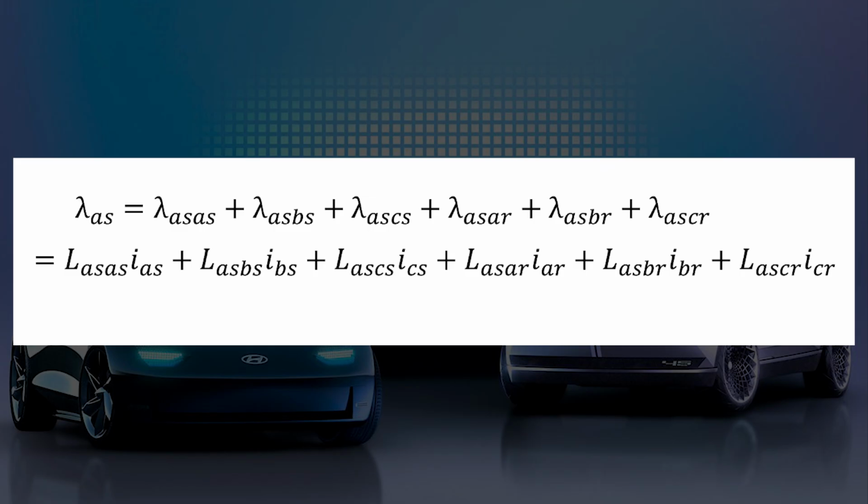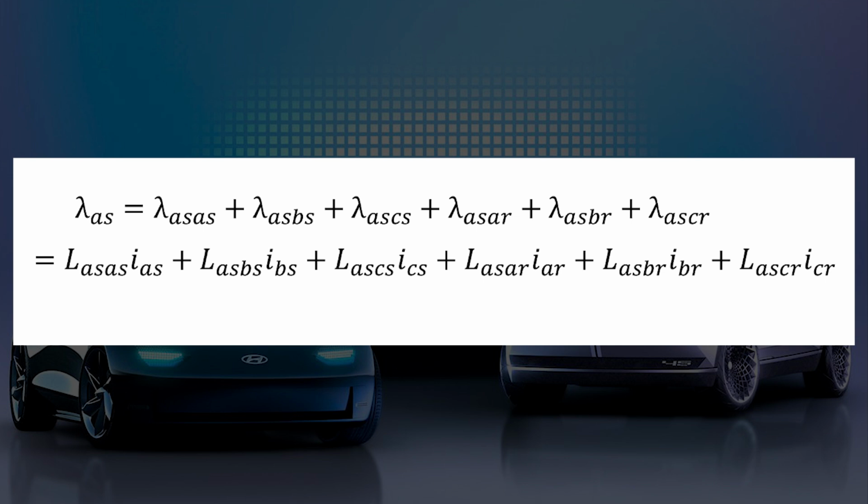Since there are 6 windings, one winding will be linked not only with the flux produced by its own winding current, but also with the flux produced by the currents flowing in the other 5 windings. For example, let us consider the lambda AS winding. Lambda AS is equal to lambda AS,AS plus lambda AS,BS plus lambda AS,CS plus lambda AS,AR plus lambda AS,BR plus lambda AS,CR.